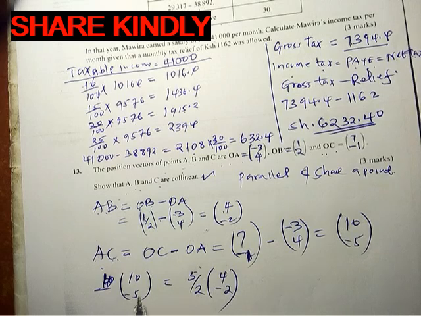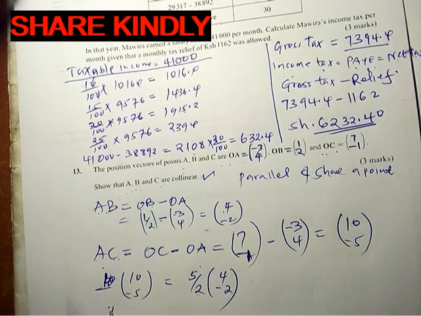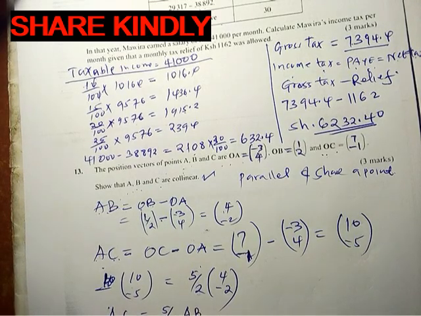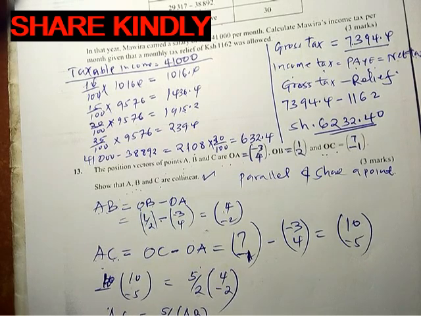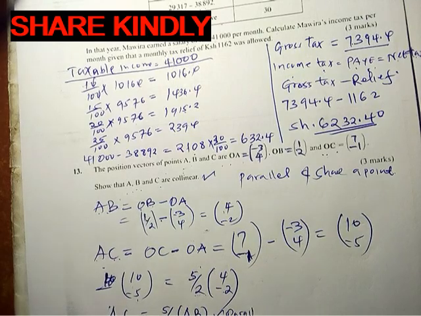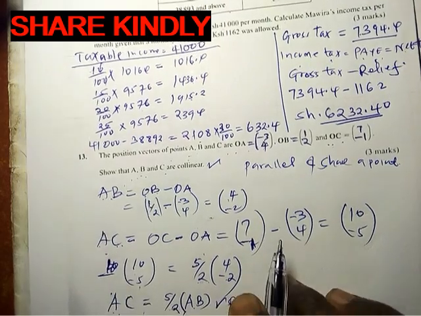So now we can express, this one is AC. So AC will be equal to 5/2 AB. You see that? 5/2 is because of what? If you multiply this by 5/2 it gives you 10. 5/2 times this gives you -5. So this one shows that they are parallel. If you write one in terms of the other, it means that they are parallel.